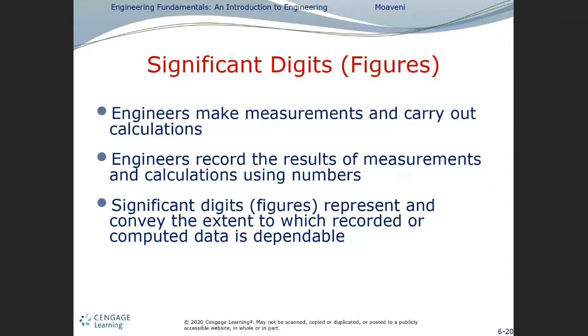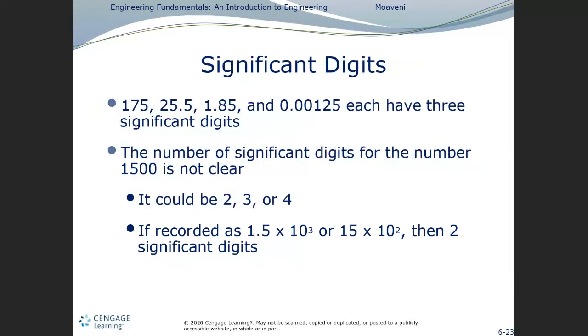If I were to show you 1785, 25.5, 1.85, and 0.00125, each has 3 significant digits. Y'all agree with that? Of course you do. Say I said 1500.